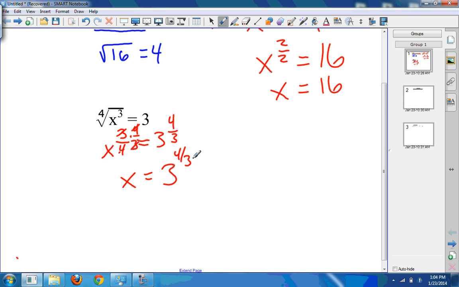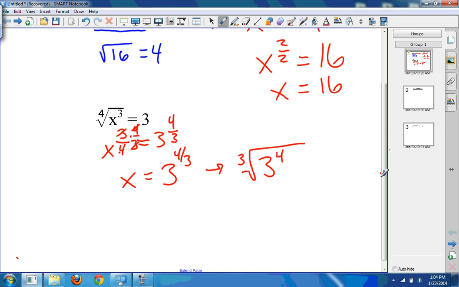We can do a couple of things with this 3 to the 4/3 power. Sometimes it might be nice to leave it like that, or we could change it back to radical form, where it would become the 3rd root of 3 to the power of 4. And we could simplify this down a little bit. We know 3rd roots, we're looking for triples.